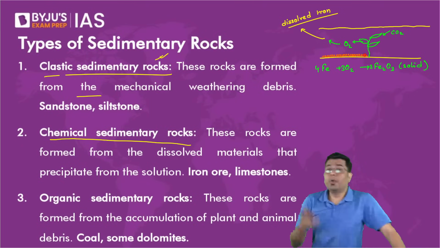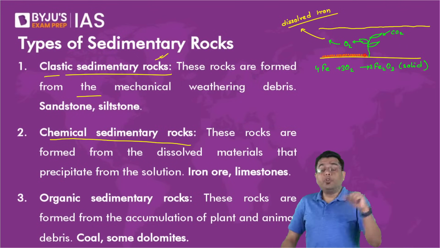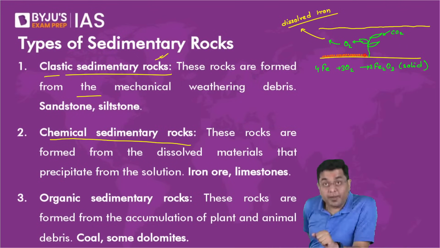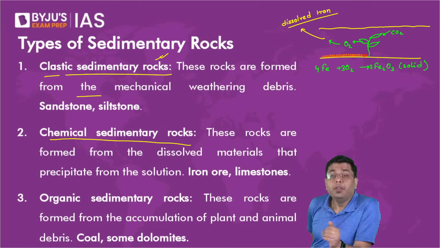Now, what about limestone? Limestone is also something which has been created underwater. That means wherever you come across a deposit of limestone, that region would have remained underwater at some point of time in its geological history. So how is it that limestone gets created?